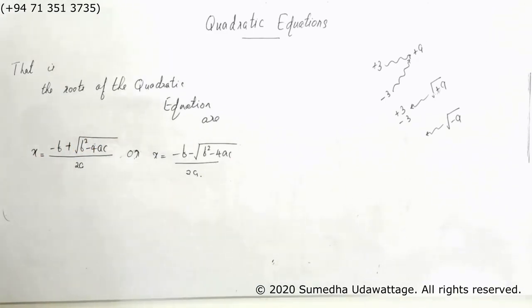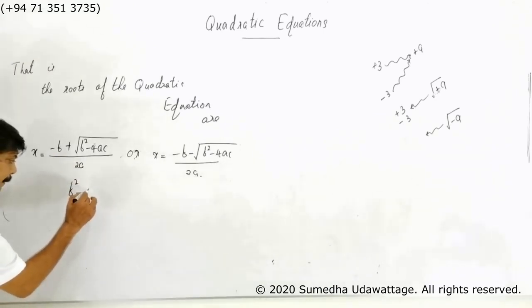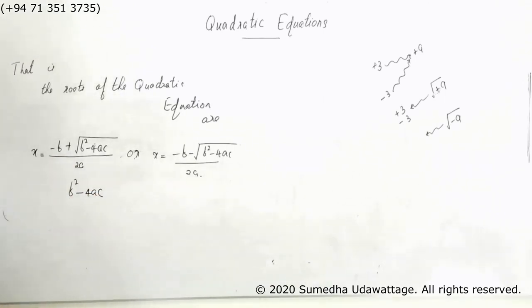Therefore, from this value b square minus 4ac, you can describe the roots. Therefore, we call it the discriminant and we give it the symbol delta in this subject, quadratic equations. Delta is equal to b square minus 4ac, which we call the discriminant of the equation.